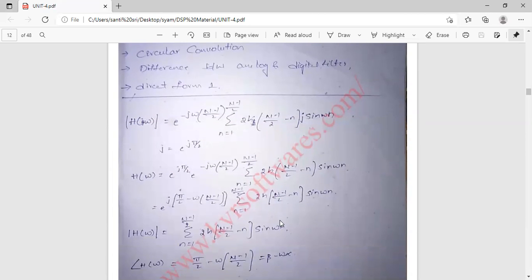So it is equal to e power j (pi by 2 minus omega (N-1)/2) into sigma n equal to 1 to (N-1)/2 of 2 into h of (N-1)/2 minus n into sin omega n.